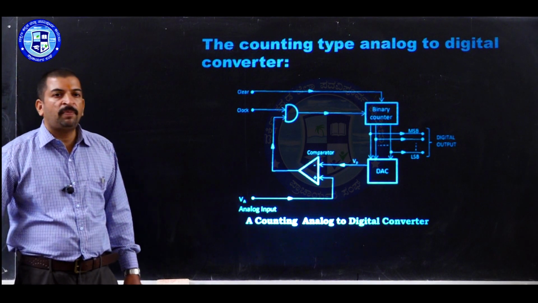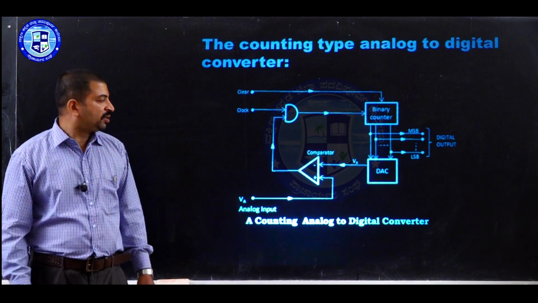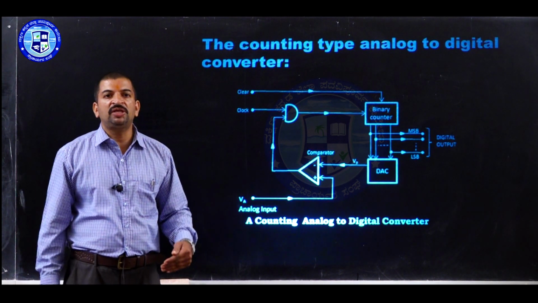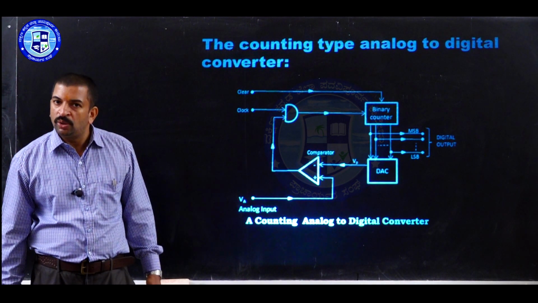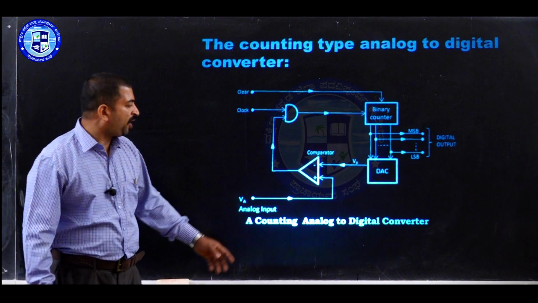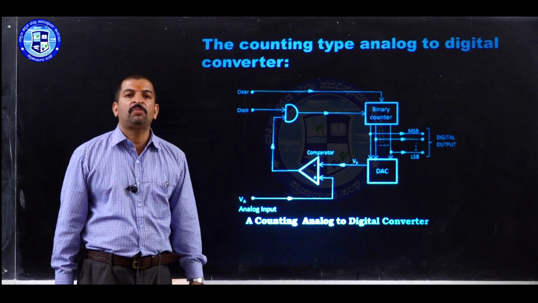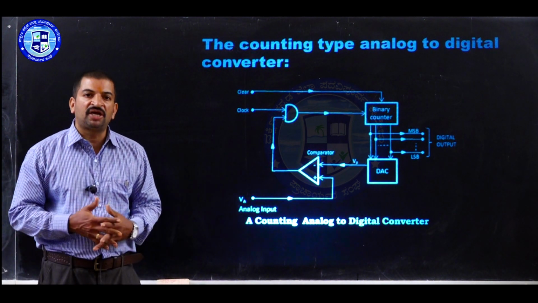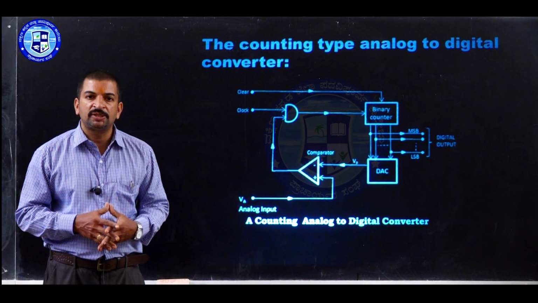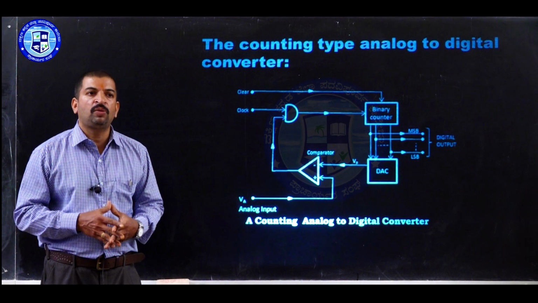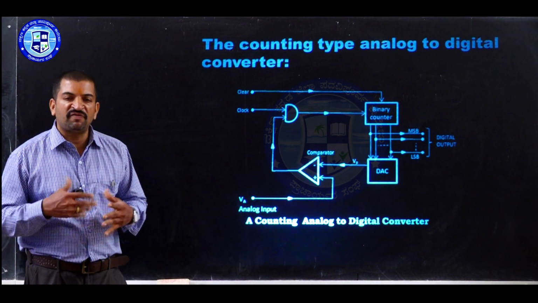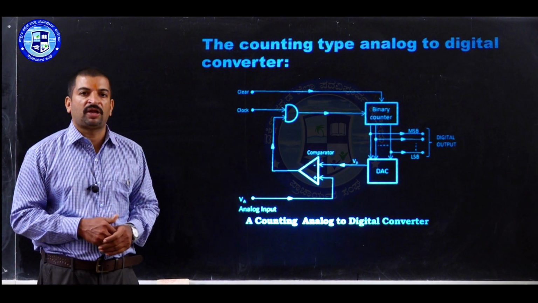The counting type analog to digital converter consists of a comparator. The input signal to be converted into digital is applied to the non-inverting input terminal of a comparator. The comparator is a circuit which compares the signal voltage on one of the input terminal with a known voltage called reference voltage at the other input terminal.